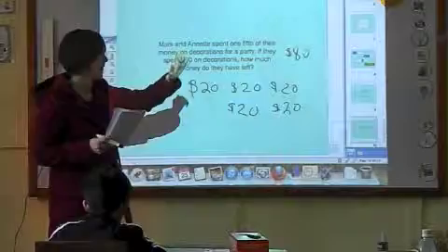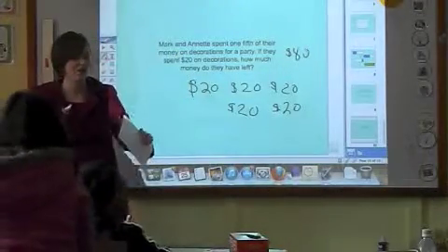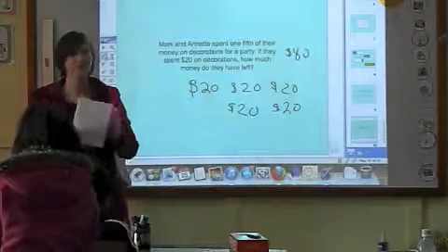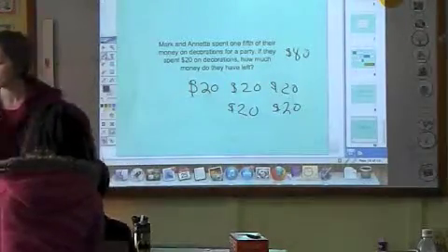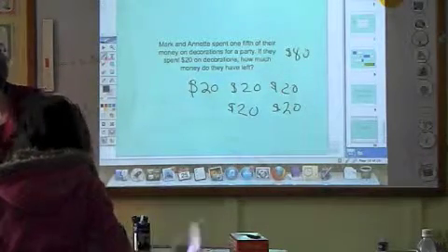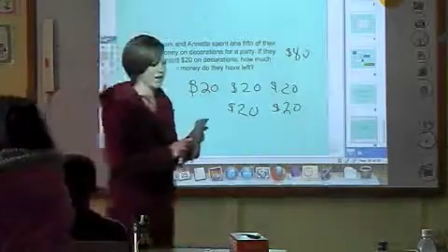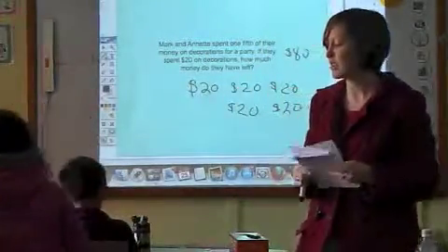Okay, if you have your spider sheet blank on the back side, turn it over. If you don't, please raise your hand. Each person should have one that's blank.